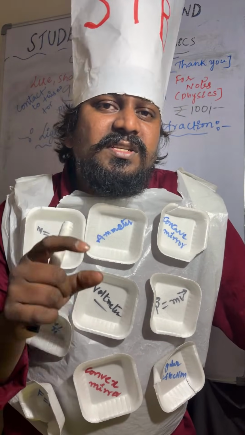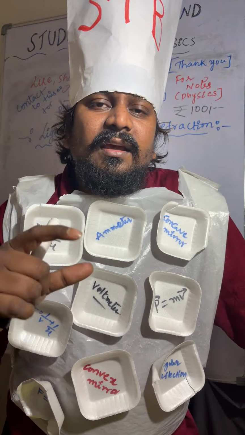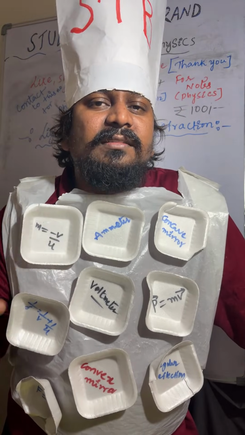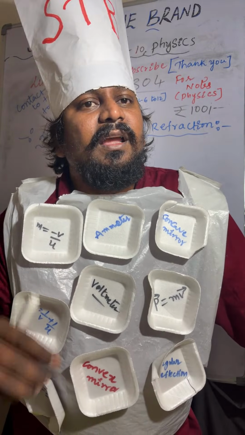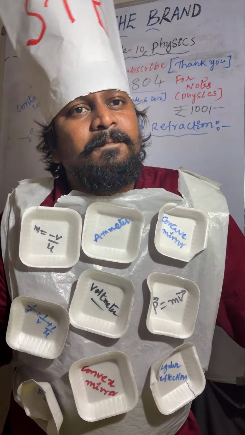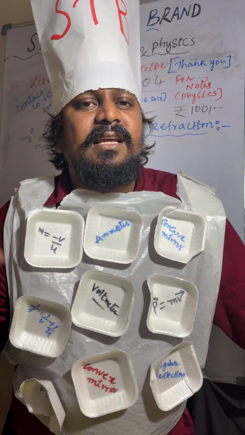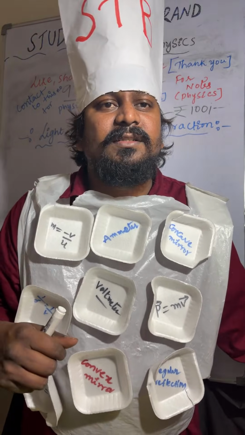If you are extending the incident light rays and those extended incident light rays meet, that point is the virtual object. If you are extending the reflected light rays and the extended reflected light rays meet at one point, their image is formed, and that is a virtual image.